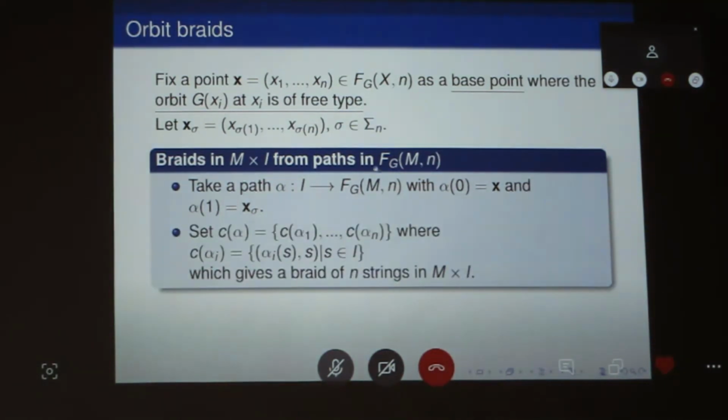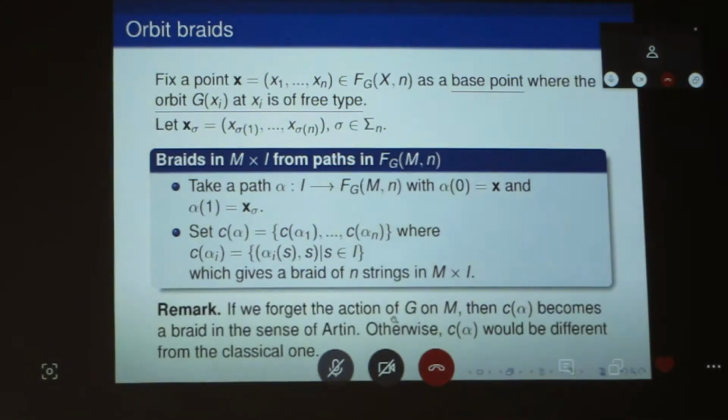Here, we just use a path in this space to construct the braid. Take the path, and using this path, we can get the braids. If we forget the G action, this braid is the ordinary braid in the sense of the Artin braid group. Otherwise, the situation is different.